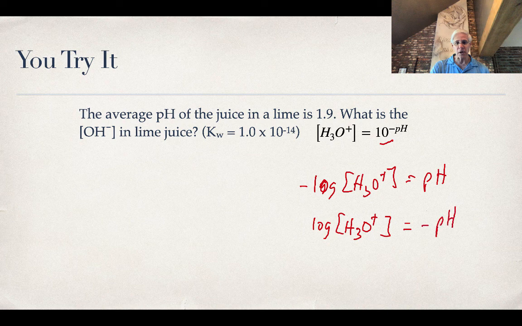And now in order to get rid of that log, I have to use 10 to the. So 10 to the log of something is just equal to that something. And so these are inverse functions that will cancel and leave me with the concentration of H3O+ is equal to 10 to the minus pH.